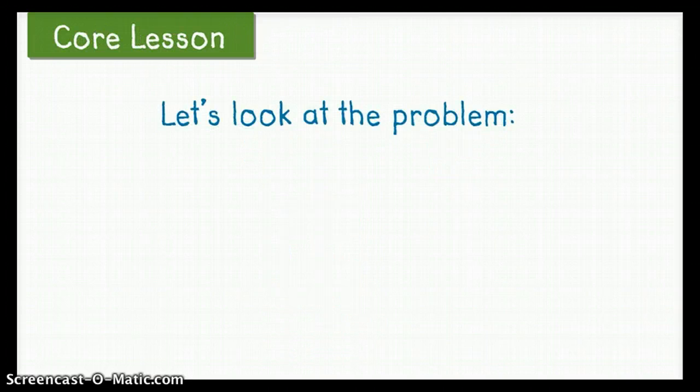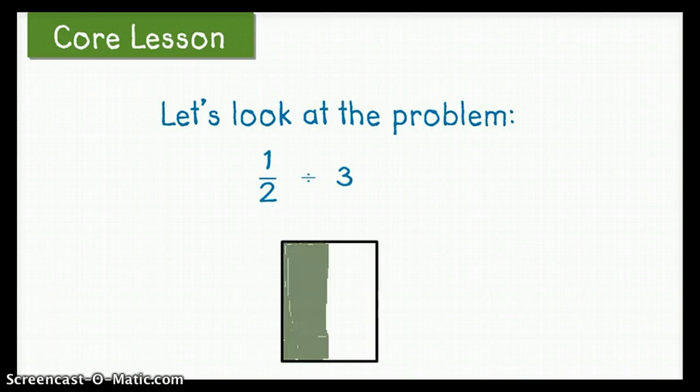So let's look at another problem, 1/2 divided by 3. So again, if we start with our dividend, our 1/2, our fraction, we know we have a whole, we divide it into 2 parts, and we shade in one of those, that's representing 1/2. We look at our divisor, which is our 3, and we want to divide that whole into 3 parts.